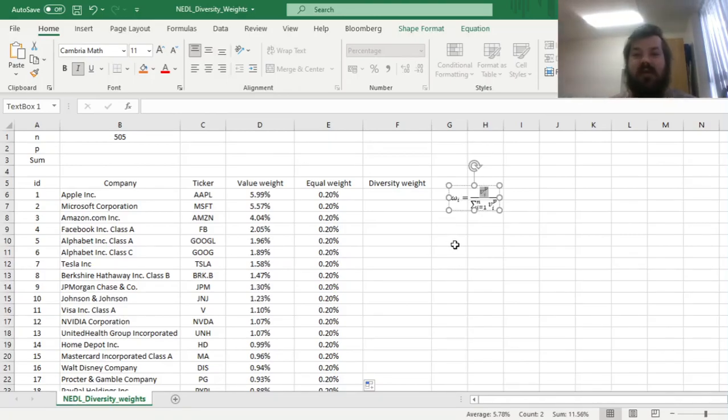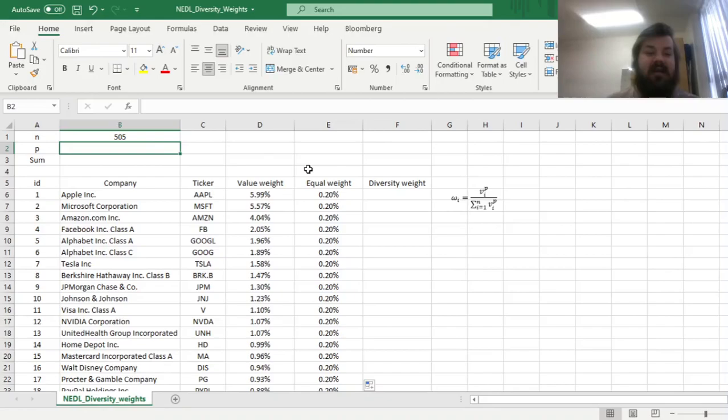And the closer it is to 1, the closer your diversity weights would be to plain value weights, and the closer it is to 0, the closer they would be to plain equal weights. So somewhere in between would be arguably the best of both worlds, limiting your exposure to large caps, but also not overexposing to small caps, and preserving the logic that you allocate more, respectively, towards larger companies.